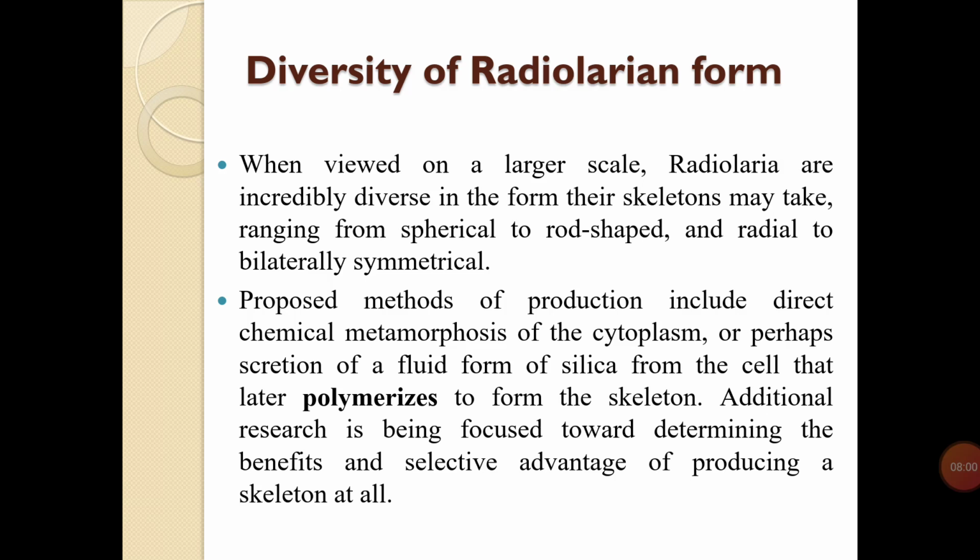Proposed methods of production include direct chemical metamorphosis of the cytoplasm or perhaps secretion of a form of silica from the cell that later polymerizes to form the skeleton. Additional research is being focused towards determining the benefits and selective advantage of producing a skeleton at all.